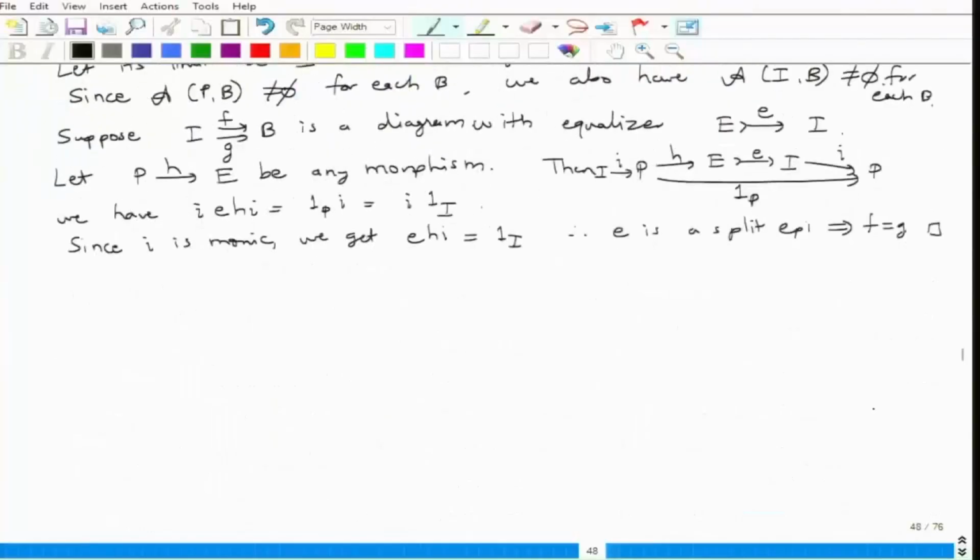Very sleek proof. Yeah, and there is one more thing which, just for the sake of completeness, I will do one more example. So another non-example now.